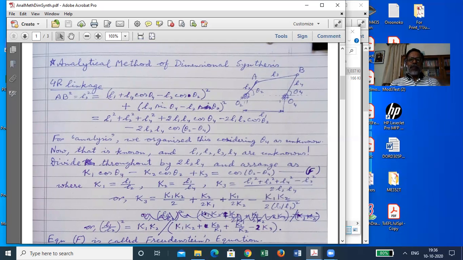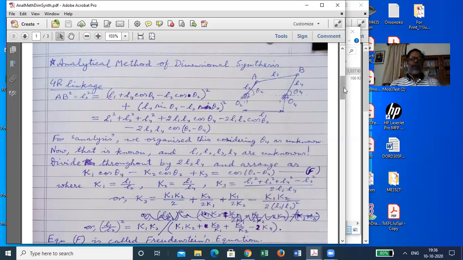So you see, if you had called L1 by L3 as K4, then you can solve that K4 from here like this. And this is just a little elementary algebra.